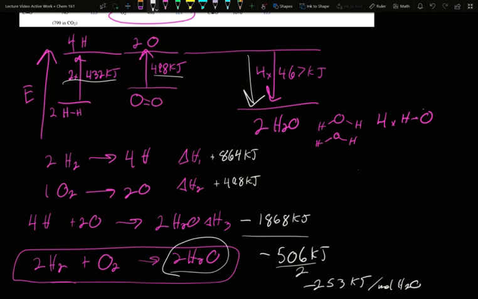Now, if you actually go and look up the delta H formation for water, there's 2 values. Delta H formation of water gas is negative 241 kilojoules, and for water liquid, negative 285.8 kilojoules.